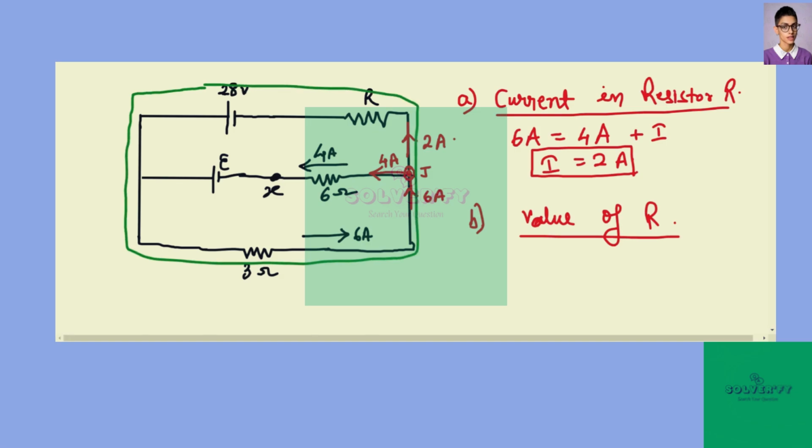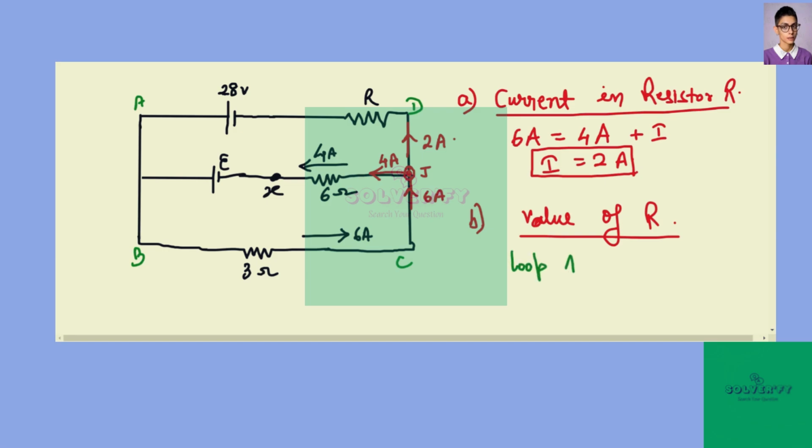So we will apply Kirchhoff's voltage law to this loop. Let us say we name it A, B, C, D. So we are considering loop A, B, C, D, A. In this loop, we apply Kirchhoff's voltage law, and we start from any point. Let us say I start at this point and we take this point as zero potential.